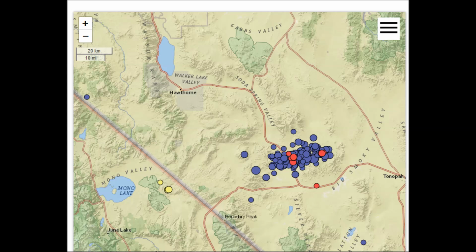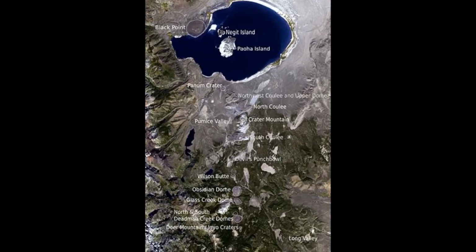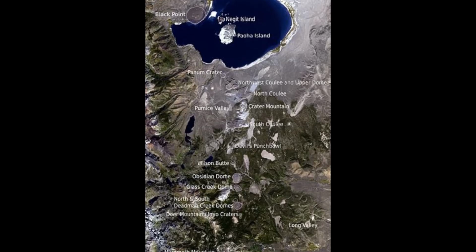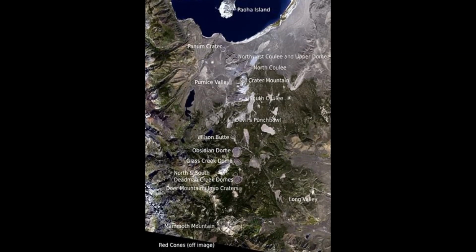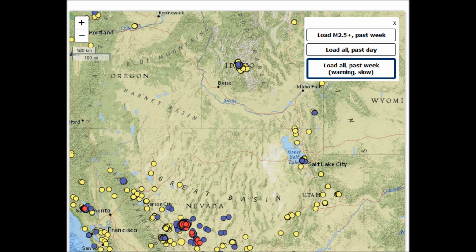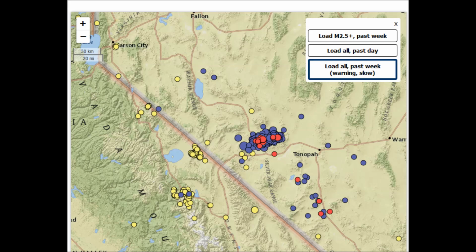Mono Valley, Mono Lake off to the left, part of the Inyo Mono system of volcanic calderas, adjacent to Long Valley, those had swarms the last couple of weeks, and now the swarms are showing up due west of Mono Valley, due west, and due south of that lake. Off to the left is Long Valley super caldera.